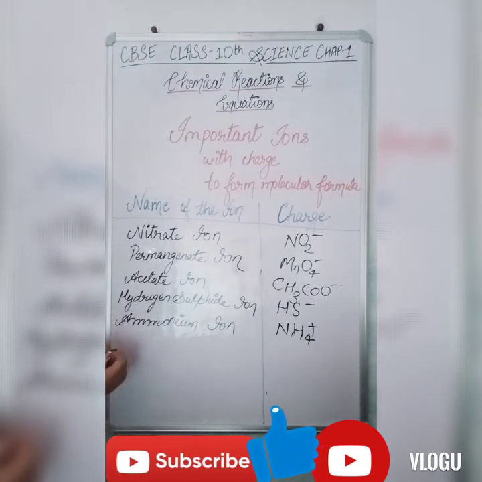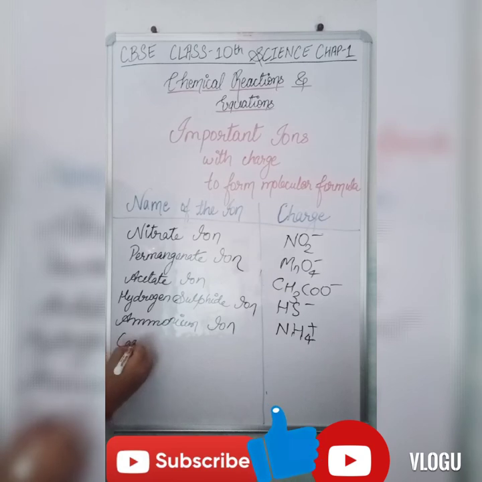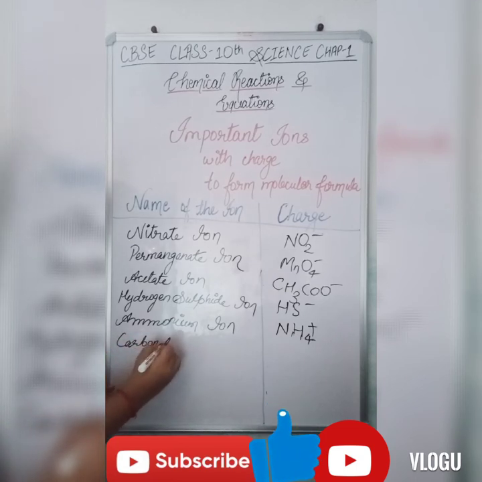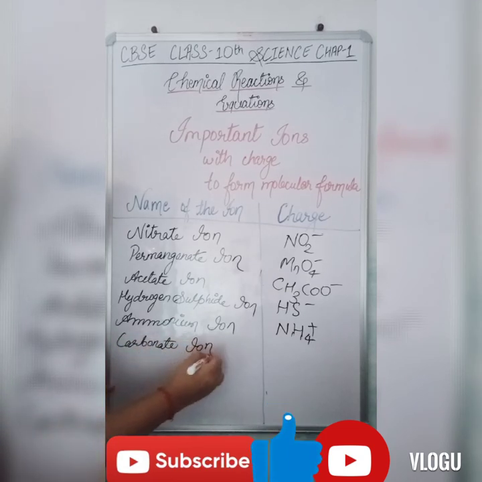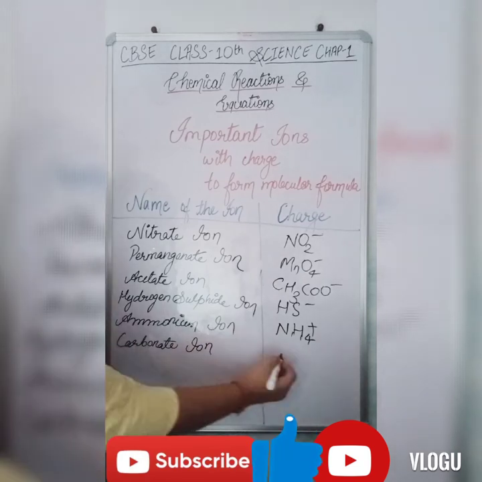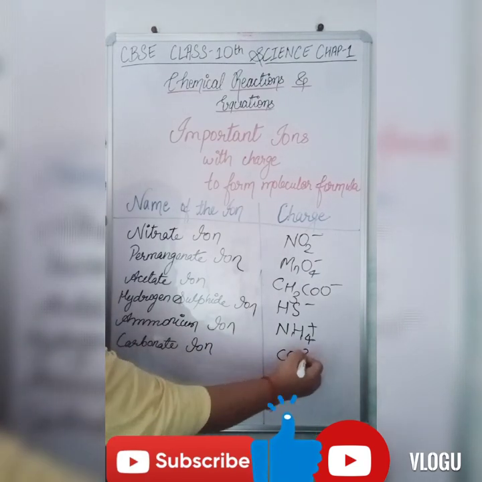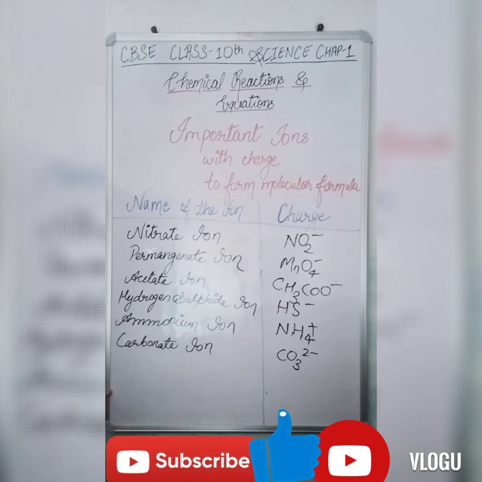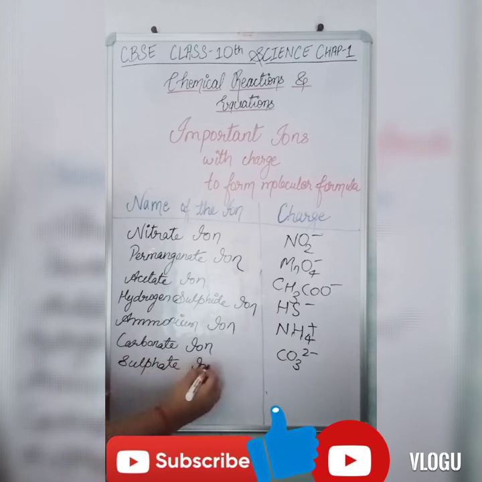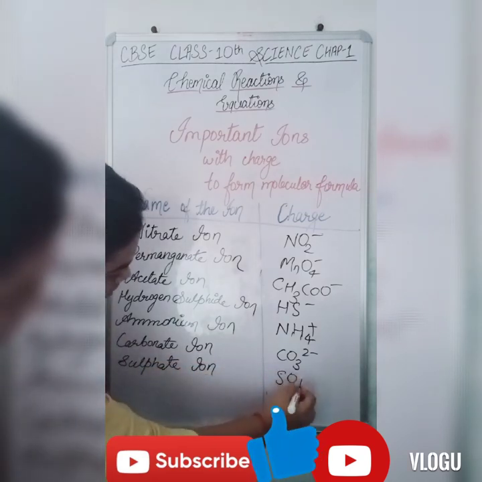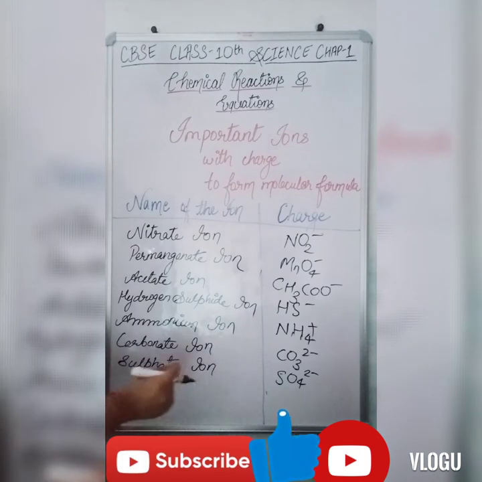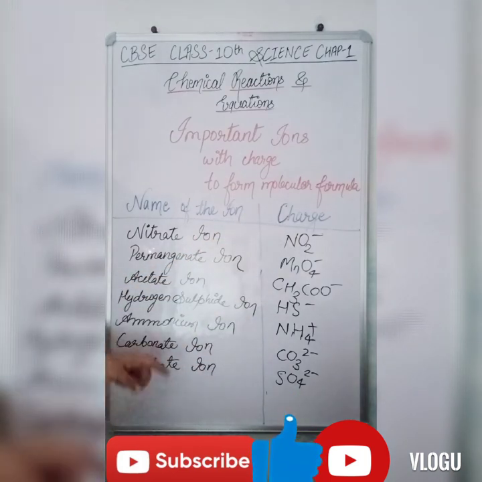Carbonate ion, CO3 2 minus. Sulfate ion, SO4 2 minus, which I have mistakenly written somewhere as SO3. It is SO4 actually.